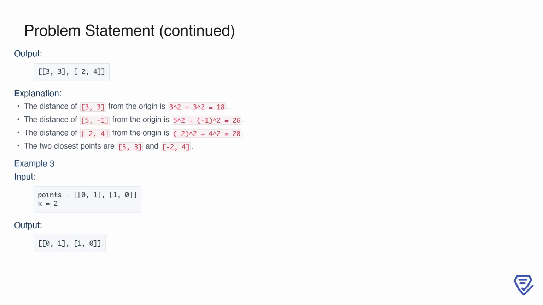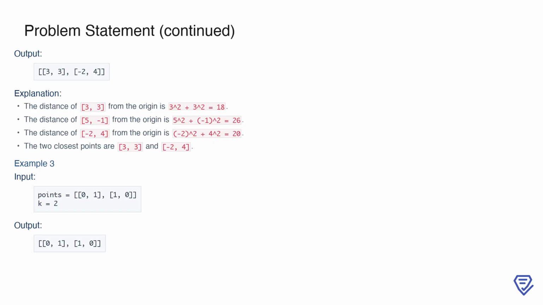Now, consider another example with input points [3, 3], [5, -1], [-2, 4], and k equals 2. Here, we need to return the 2 points closest to the origin. Calculate the distances. [3, 3] has a distance of 3 squared plus 3 squared equals 18, [5, -1] has a distance of 5 squared plus -1 squared equals 26, and [-2, 4] has a distance of -2 squared plus 4 squared equals 20.